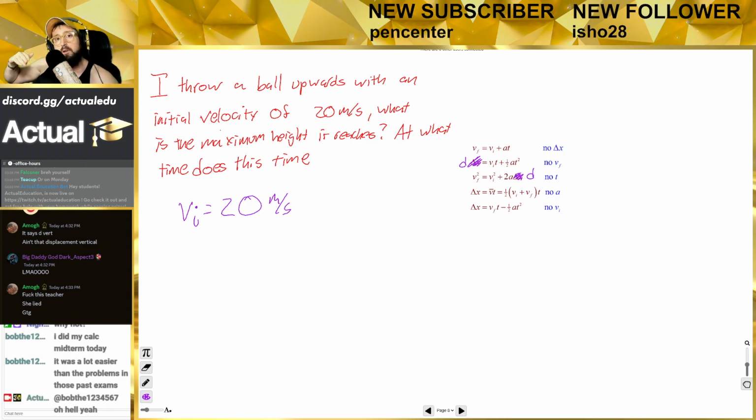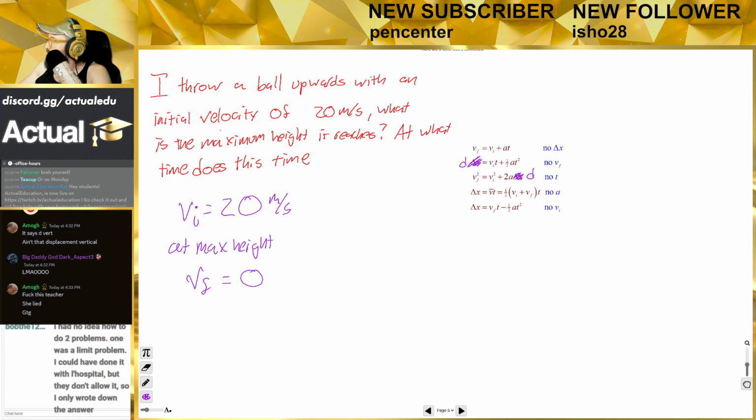When something reaches its maximum height, its velocity in the y direction, which is all we're dealing with right now, things going up and down, is 0. Very good, Ethan. That's the physics you have to know. So we say at max height, V_f is equal to 0. We already solved that without even needing an equation.